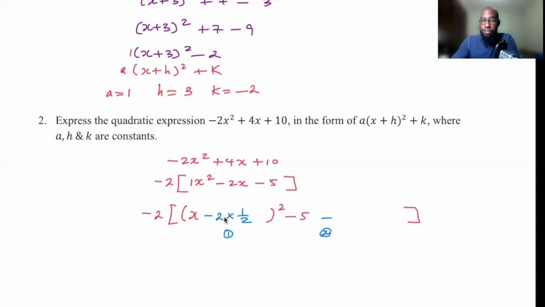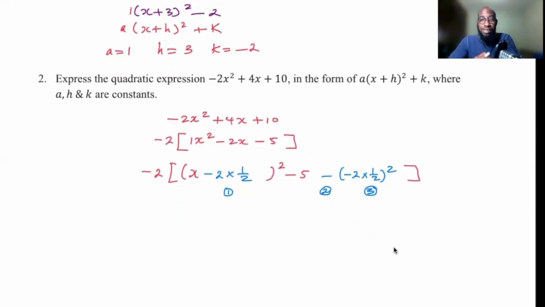Step 1 is -2 times 1/2. That is what we square. So step 1, multiply the coefficient of x, the number in front of x, by 1/2. Step 2, put a negative sign. Step 3, square step 1. So we did that. Once we did all of that, everything is just elementary.